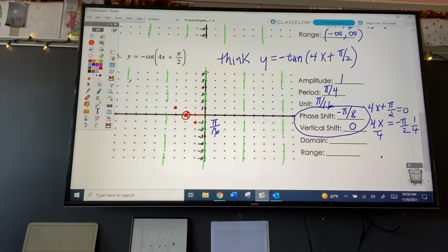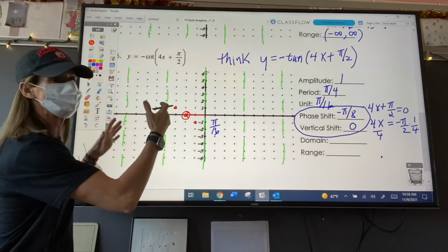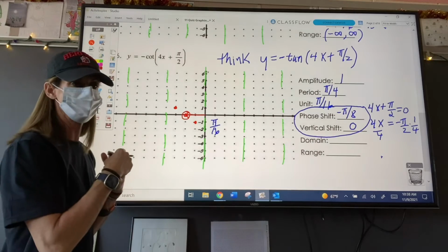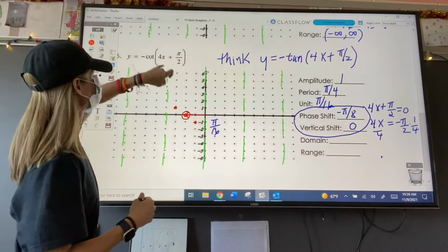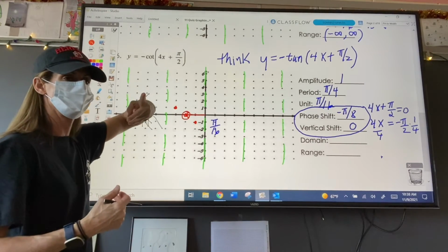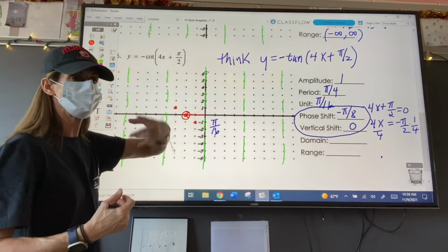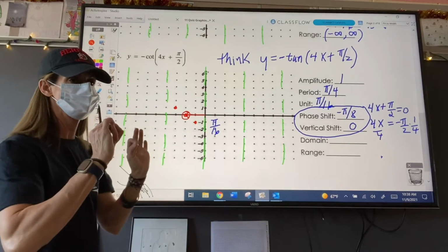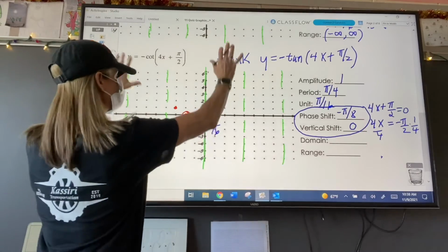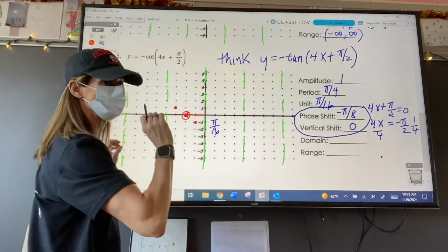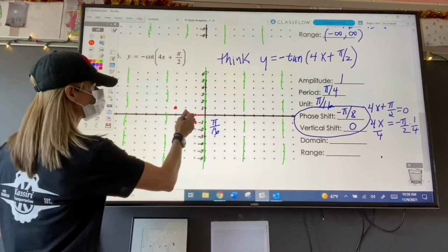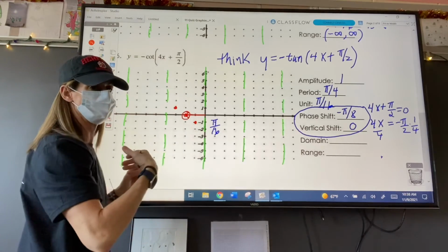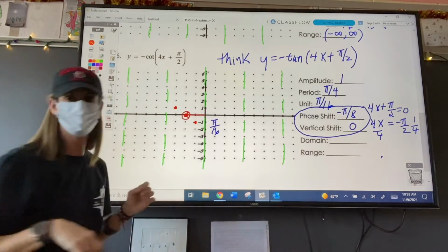Those asymptotes are like 1 over 0, and because we're graphing the reciprocal function, that's going to be 0 over 1. So all the asymptotes are going to become 0 points. In just a second, I'm going to have to erase those and put a 0 point. And then the zeros are going to become asymptotes. Those are easier to draw because you can just draw over the point.